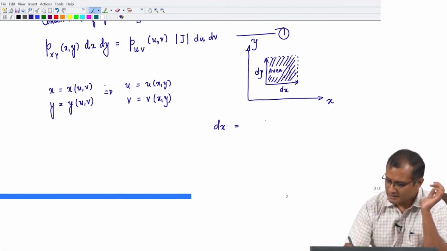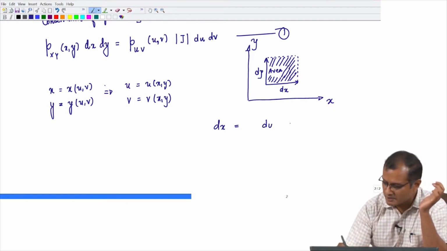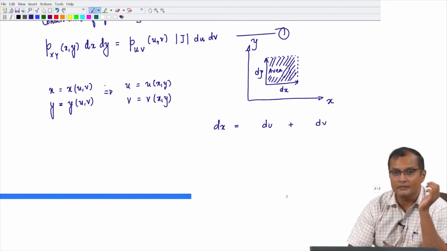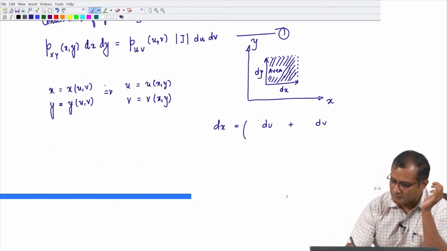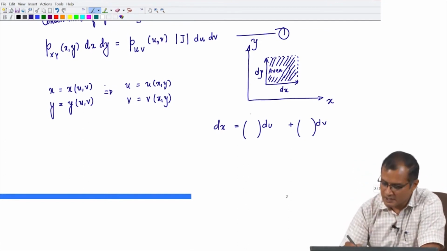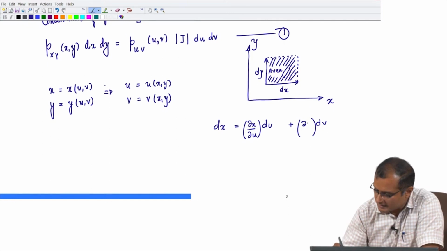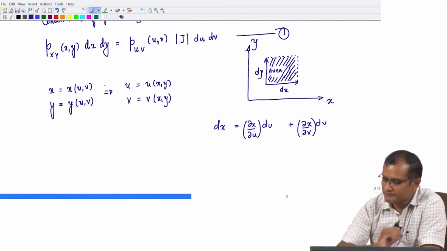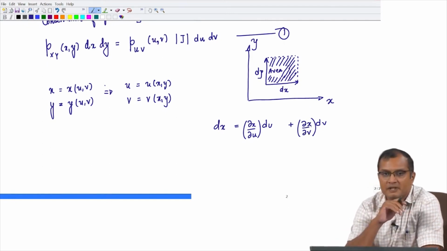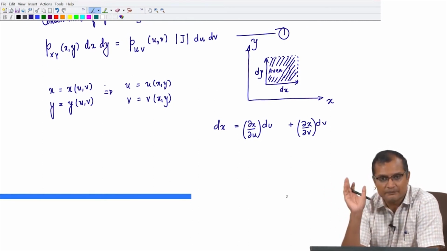So, I will say that the displacement in x is affected by displacements in u and displacement in v. Okay. Of course, there are some prefactors here that one has to attach, so that it becomes displacement in x. These prefactors are dx over du and dx over dv. So, this is the total displacement affected in x due to individual displacements in u and v.